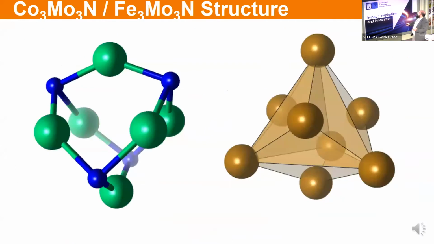Focusing a little bit more, we can see this octahedral arrangement of molybdenum atoms. Nitrogen atoms form a tetrahedral arrangement, and the molybdenum nitride framework consists of these units linking at these nitrogen vertices, whilst the metal, either cobalt or iron, forms these tetrahedral octamer structures.